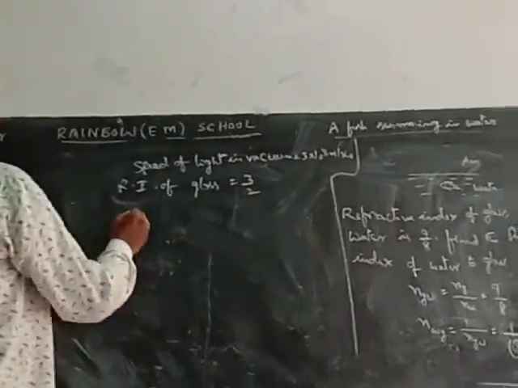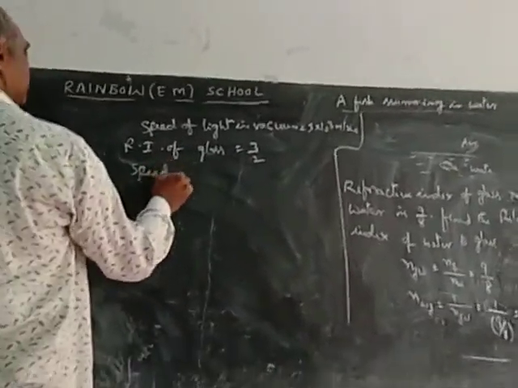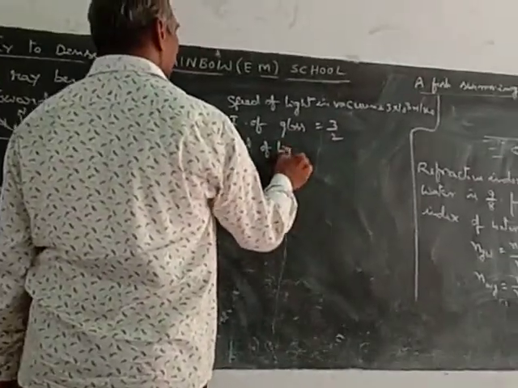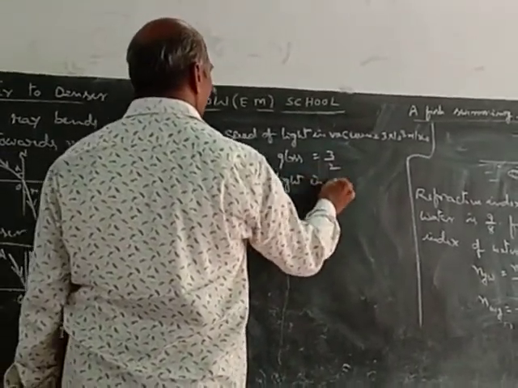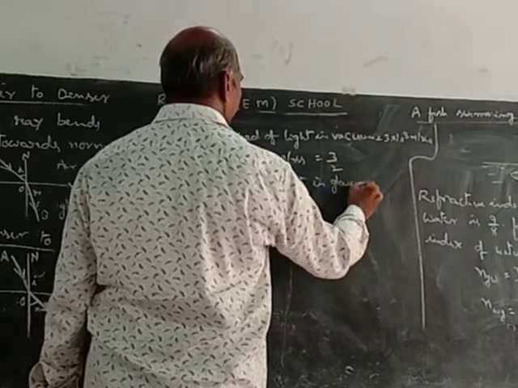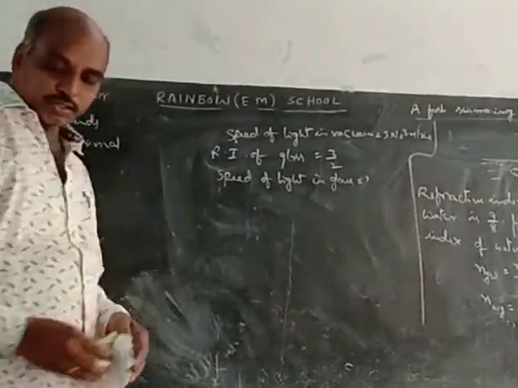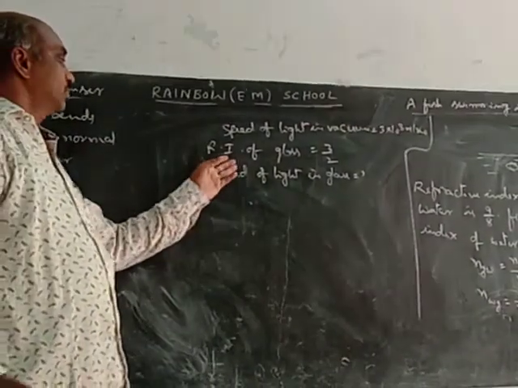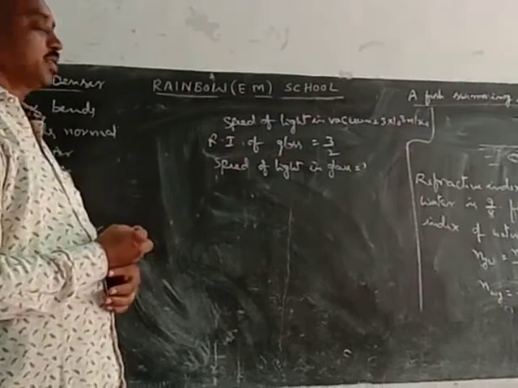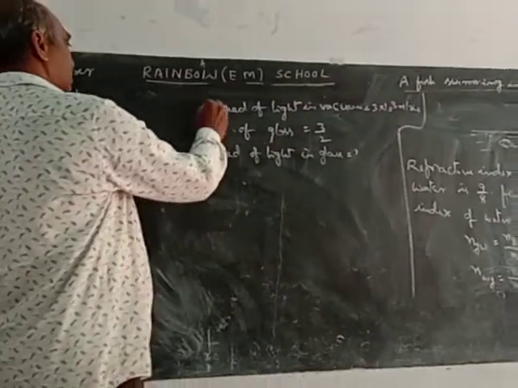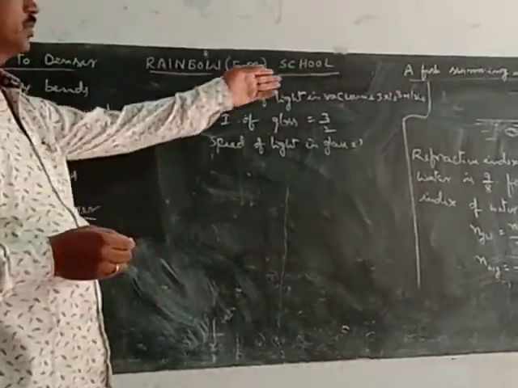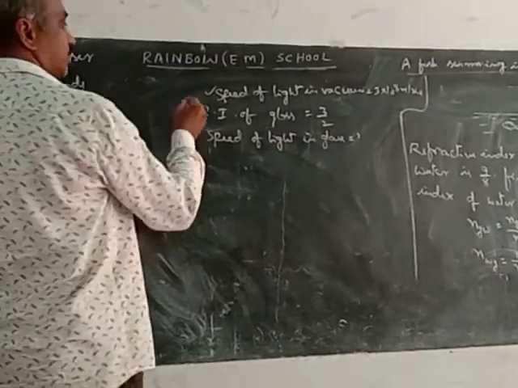You have to find the speed of light in glass. Find the speed of light in glass having a refractive index of 3 by 2. This value is not given, but we write directly the value, 3 into 10 power 8 meter per second.